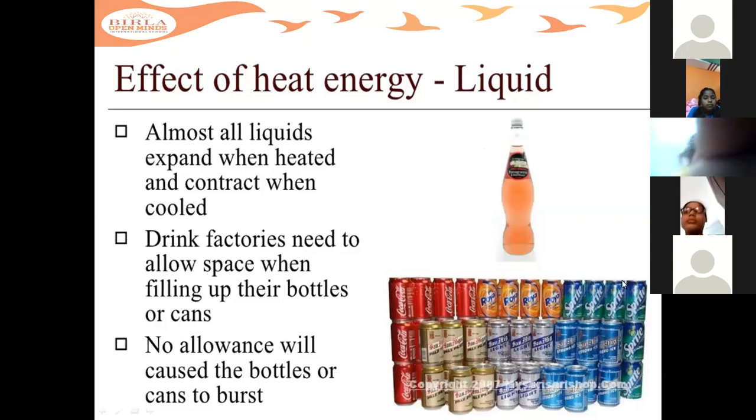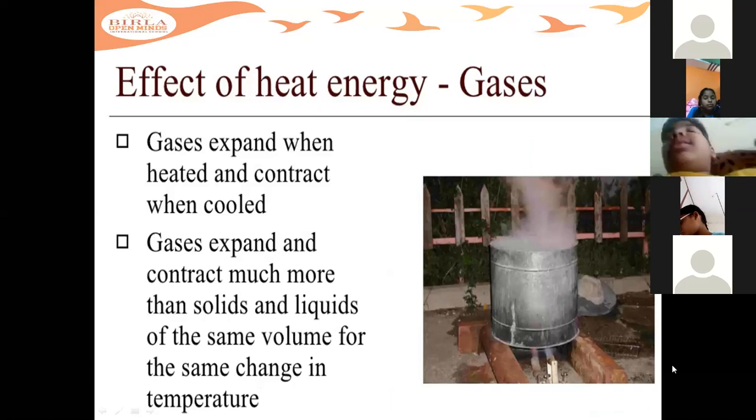Because gas is filled in this cool drink bottle. They are filled with carbon dioxide, and gases also have a property of expansion. When they are heated up, they move upward. So we can see how gases expand. When the water is boiled, the vapor comes out and rises up.